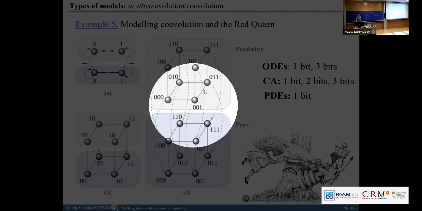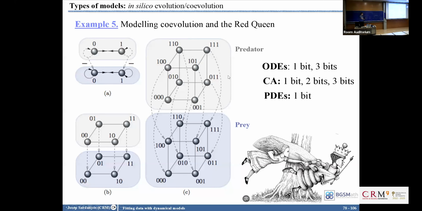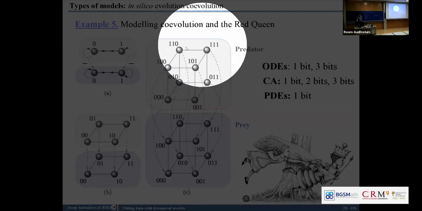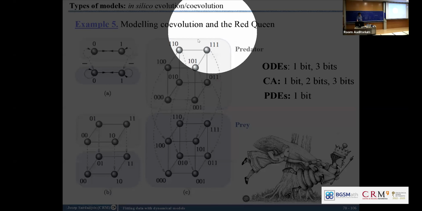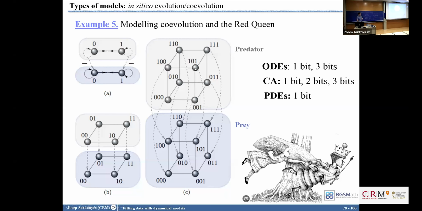So if the population of predators is all 111 and the population of prey changes to 110, predators will not be able to hunt these ones. But predators also change. They also mutate. So these guys are running all the time through the sequence space by mutation, trying to find the prey with the same sequence.